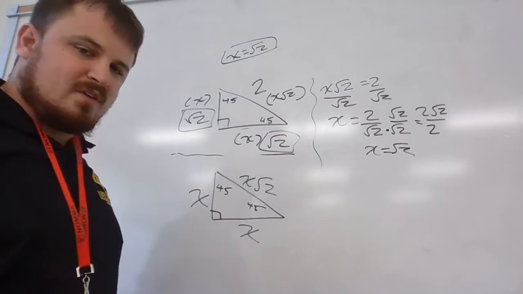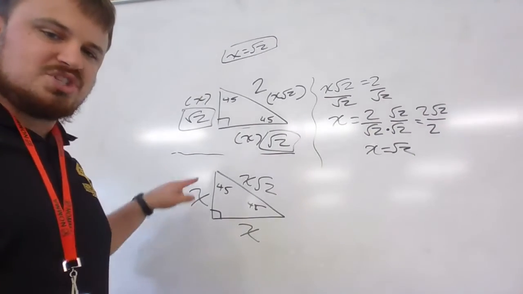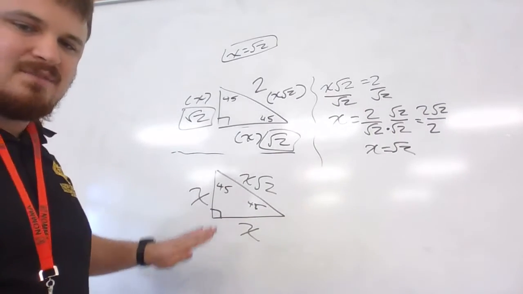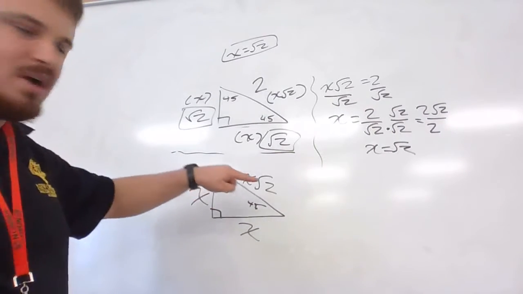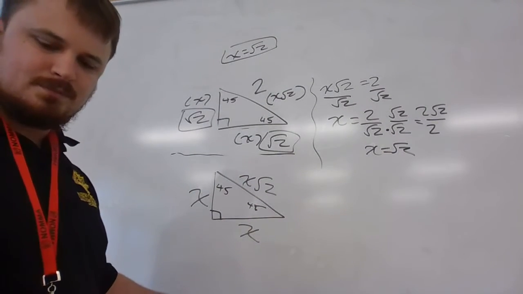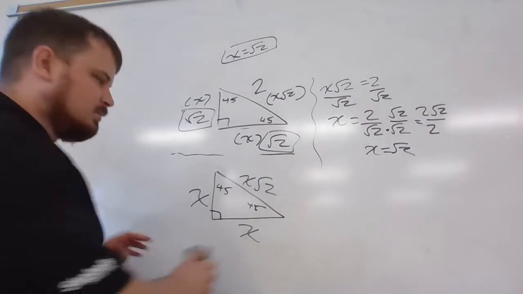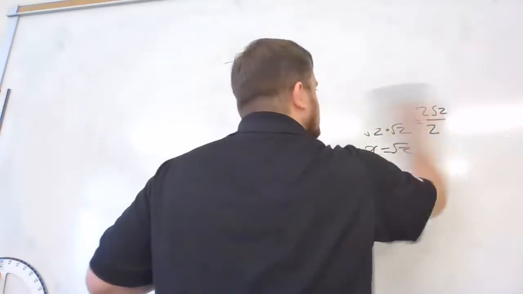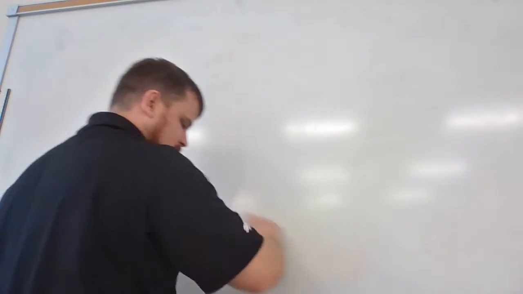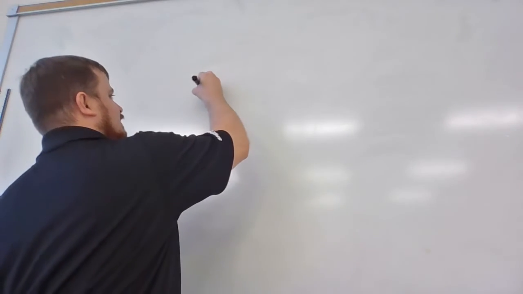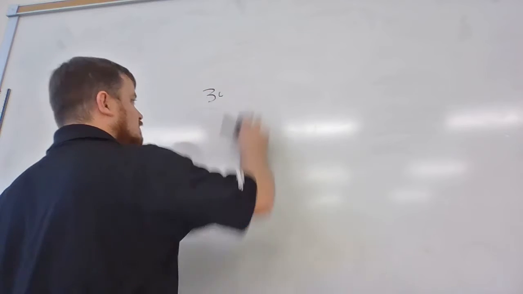So you see how for 45, 45, 90, you just take this generic form and you just take the one side they give you, solve for X, and then plug in X on the other sides. Okay, let's do the exact same kind of problem. But now let's say it's like this.